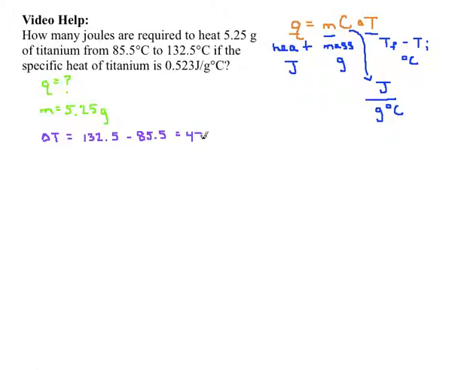Now, if it had decreased in temperature, so gone from 132 to 85, my delta T would have been negative, which is perfectly fine. And then C, which is your specific heat capacity, is given to you. It's 0.523 joules over gram degree Celsius.